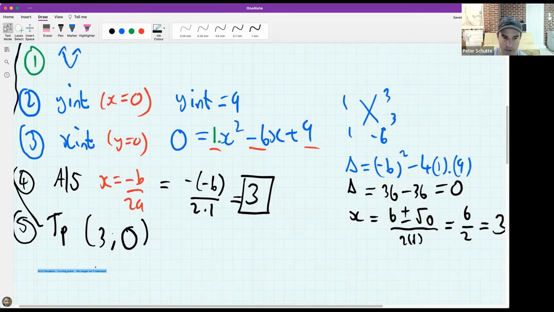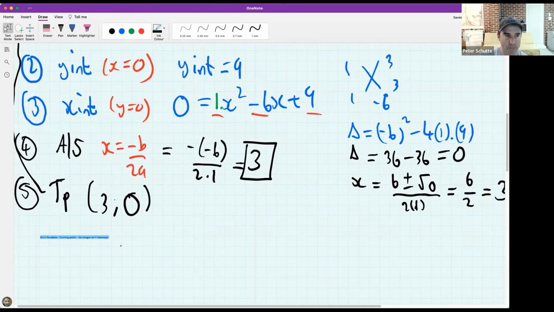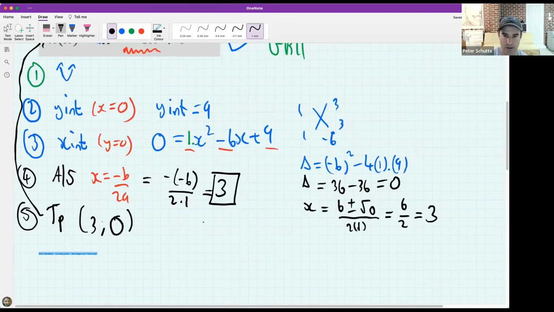Now, I know it's a little bit more work than before, but it's really the same process. So what do I do? I draw a Cartesian plane. And what I'm going to do is make dots for all the important points. So my y-intercept, that is going to be 1 dot up here.